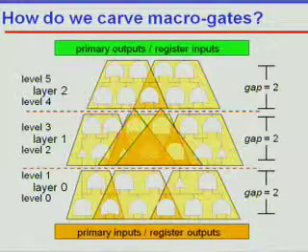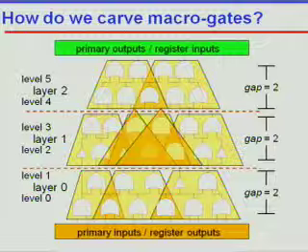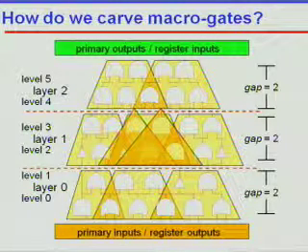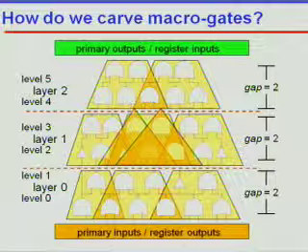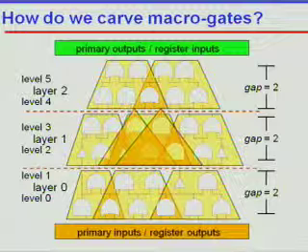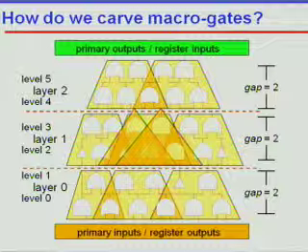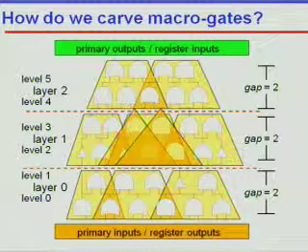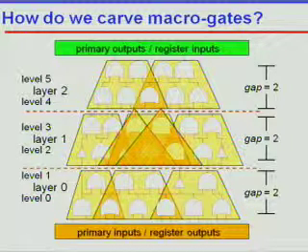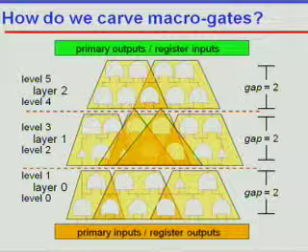So this is the picture for our netlist. For our netlist, we have primary outputs and register inputs. We also have primary inputs and register outputs. First, we levelize them based on as-least-as-possible, and then based on a specific value, we partition the levels into layers.